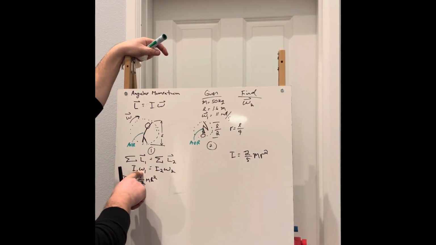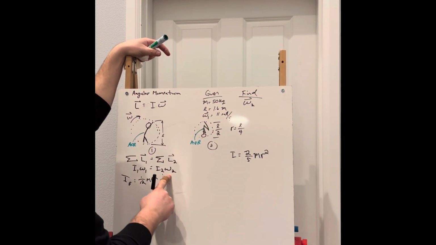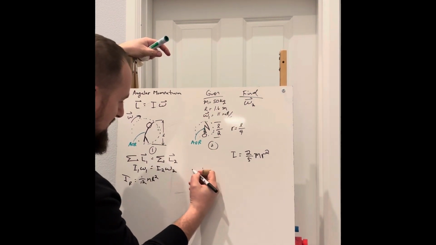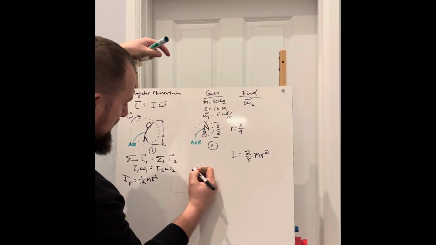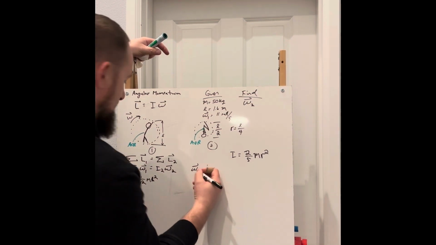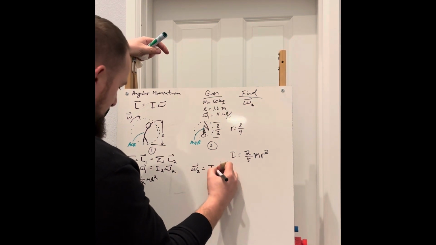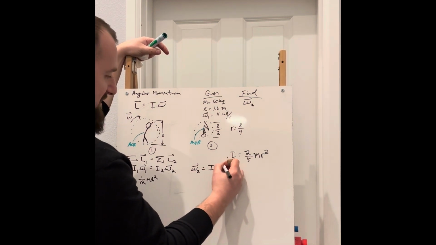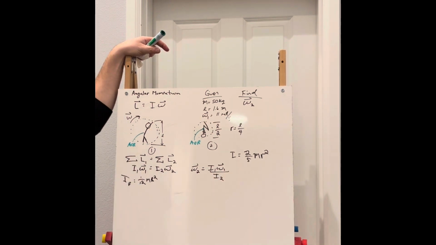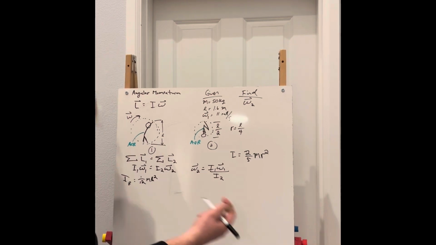We know what angular velocity of position 1 is, and we're trying to find angular velocity of position 2. So we can rewrite this and say that angular velocity, I should put vectors here because these are vectors, at position 2 equals inertia of position 1 times angular velocity of position 1 divided by inertia 2. Now, let's just plug in the inertia for now.